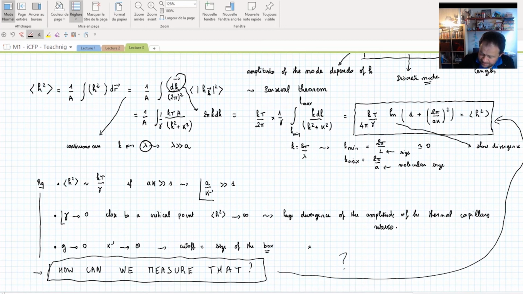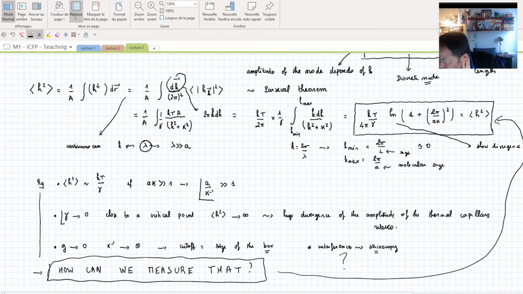Well, it will not be that easy, probably due to the fact that the thermal fluctuations are really nanometric in most of the cases. So strioscopy could be a solution, but it's not that easy.